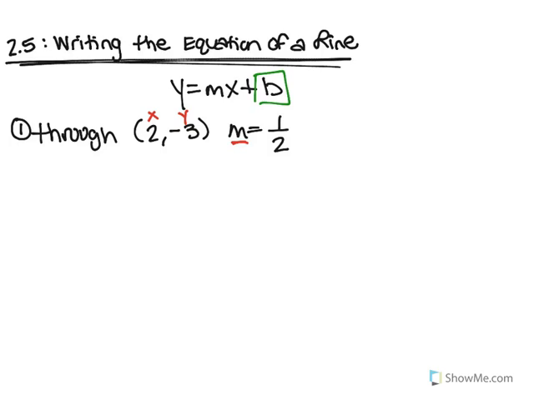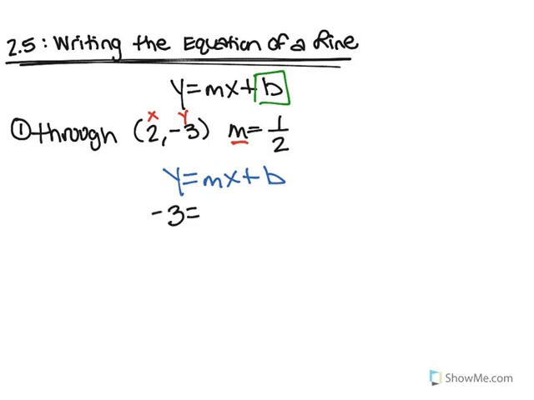I gave you some random point, which you can use for x and y, and I gave you m. I did not give you the y-intercept, which is b. So I'm going to take these 3 numbers and plug them into the slope-intercept form and solve for b, because that's what I'm missing. This will help me get my y-intercept, all right? So I'm going to take my form, and we know y is -3.